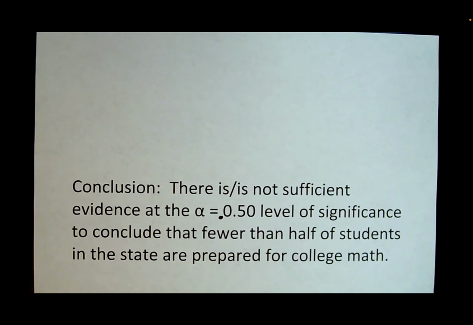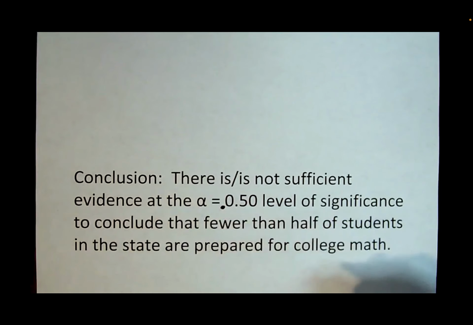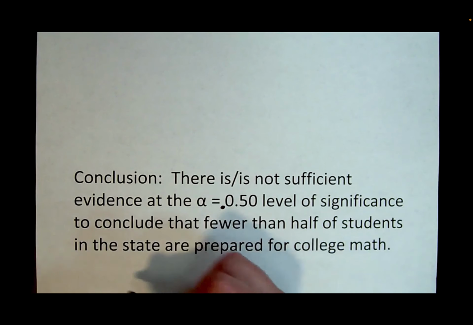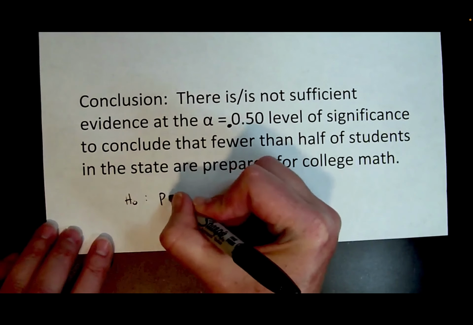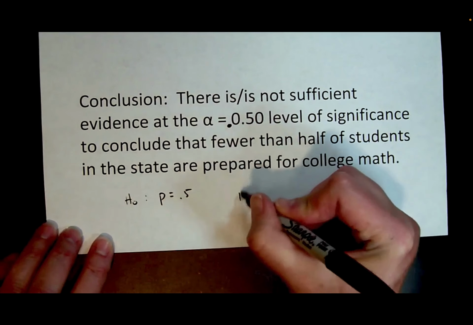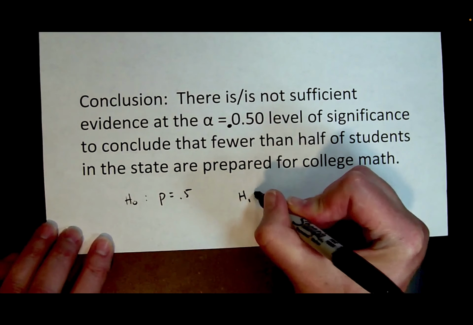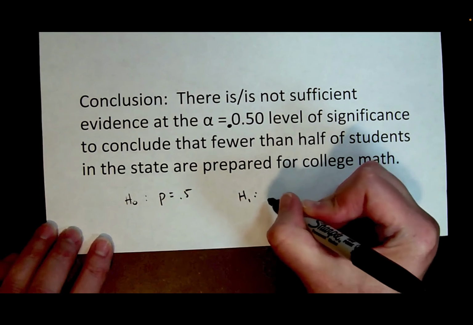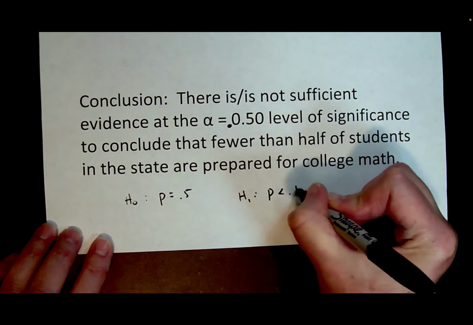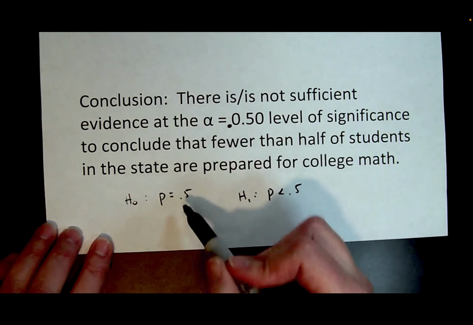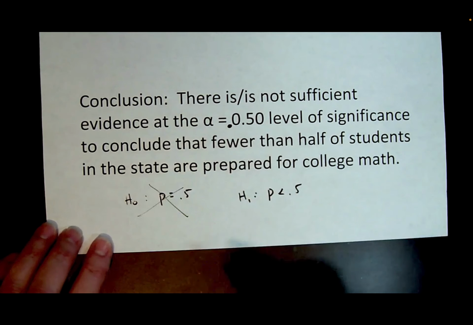So remember, H naught was the statement that the population proportion is equal to 0.5. H1 was the statement that the population proportion is less than 0.5. We've decided that we're going to reject H naught.